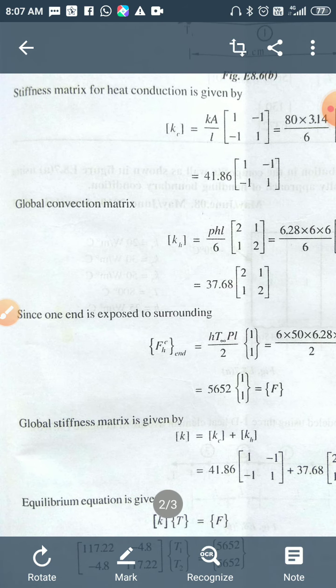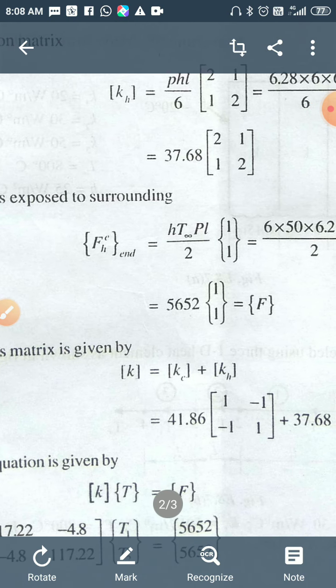Once we know the conduction matrix, the convection matrix and the force vector, we already know the standard equation: the global stiffness matrix is K is equal to Kc plus Kh. You add these stiffness matrices and you get the global stiffness matrix.